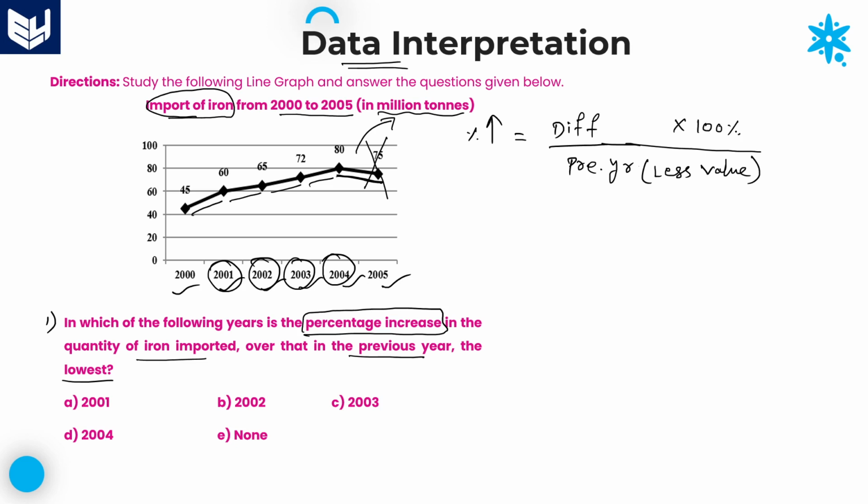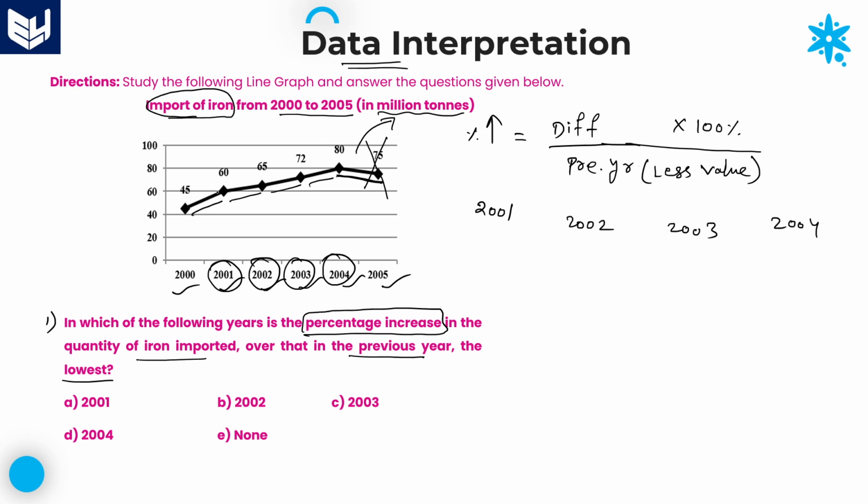That is common. In each and every year, first take 2001, after that 2002, next 2003, next 2004. These are the 4 years.